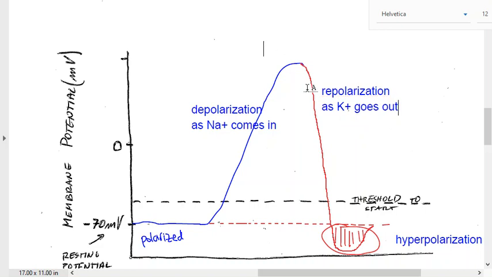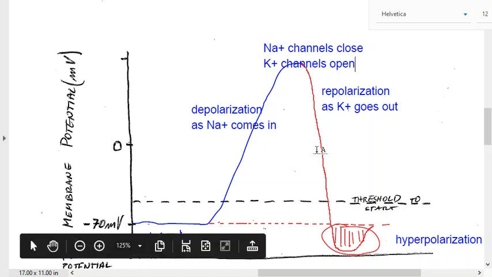So at the top here, you can go ahead and add that: sodium channels close, and potassium channels open. And then eventually they return to their baseline. Once the potassium channels catch up to the sodium channels, it returns back to the baseline, negative 70 millivolts.